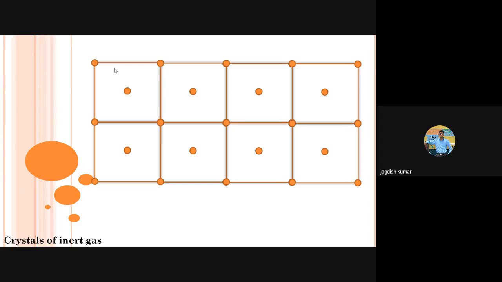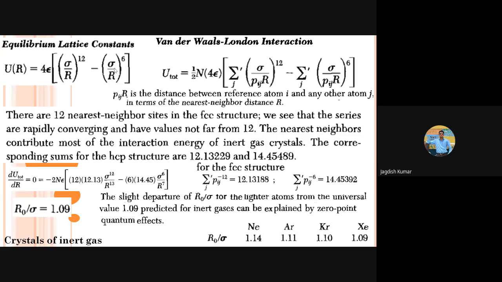So each nearest neighbor will give you what? If we take sigma over r raised to the power 12 common outside the summation, for the first 12 terms, or even throughout, yes, sir. We can take it outside the summation because it is going to sit with every term.